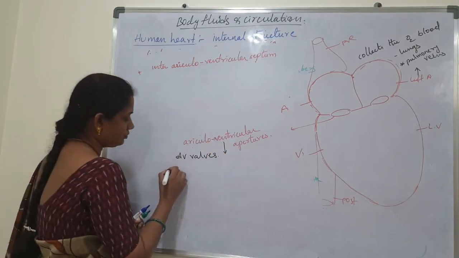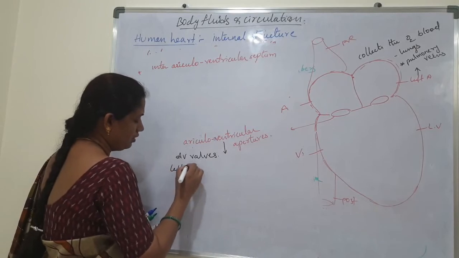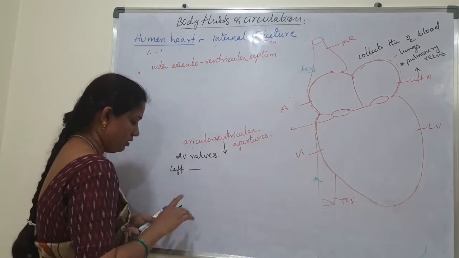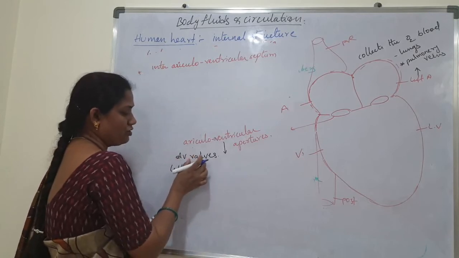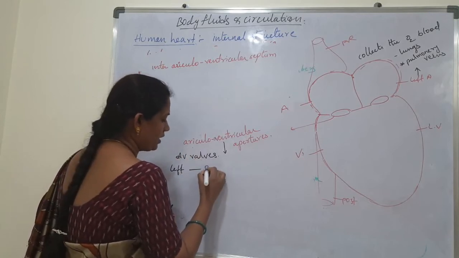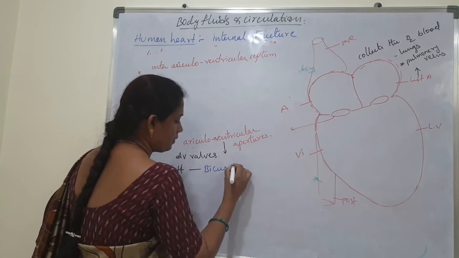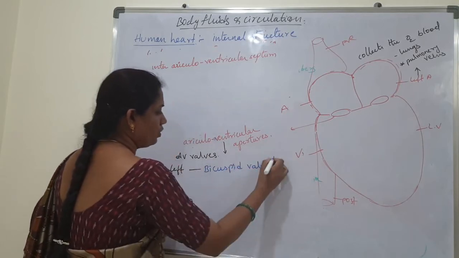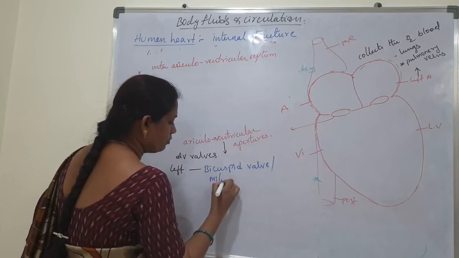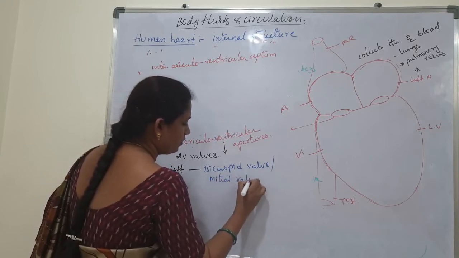So the left side valve, the left auriculoventricular valve, is called the bicuspid valve. It is also called the mitral valve.